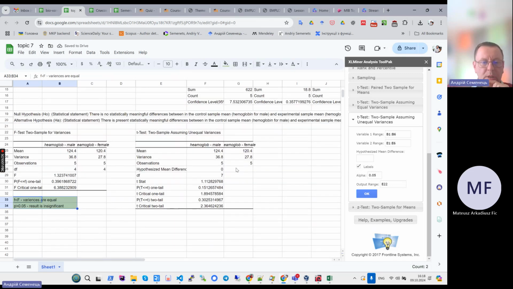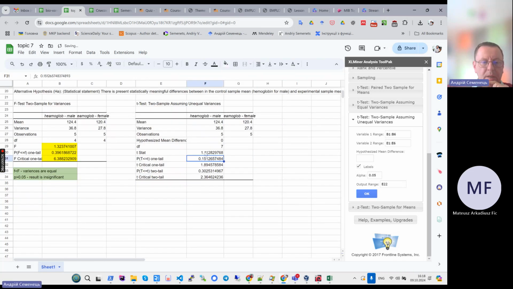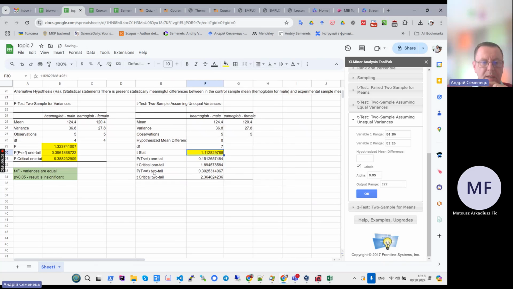So for test statistics, we are also looking for a two-tailed test, this part of the table. Here we will take a look at the test statistics and this pair. Two-tailed test, because we are asking whether the parameters are equal or not equal.